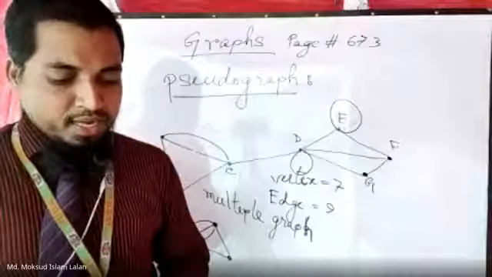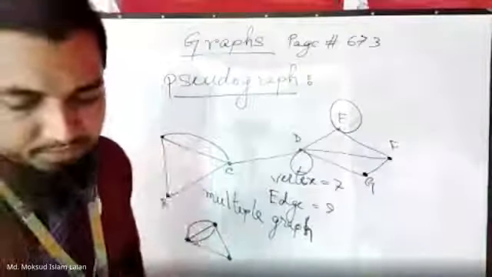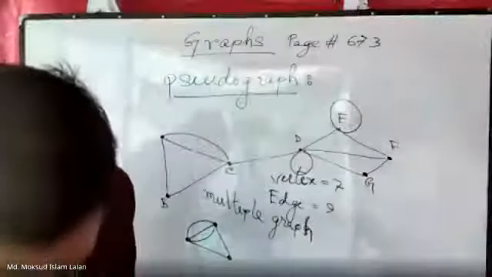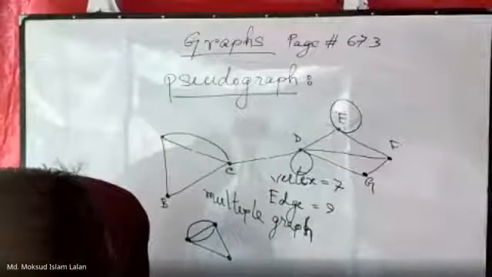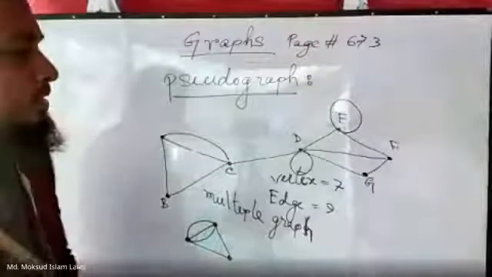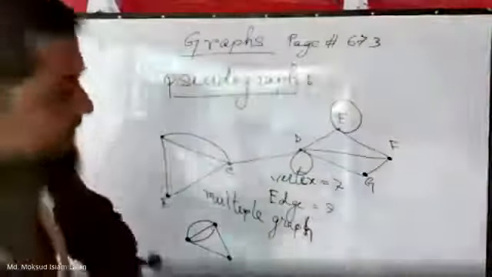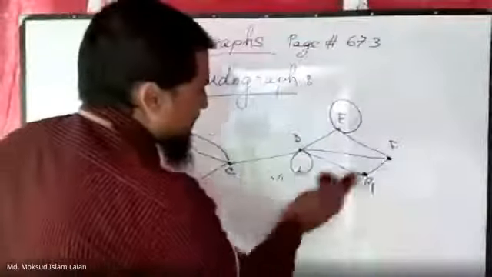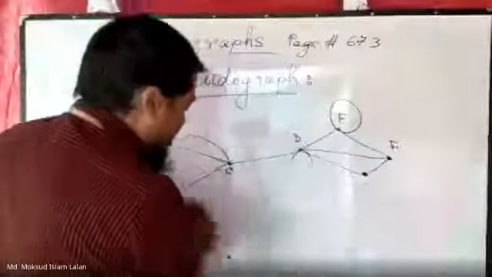Now coming to the directed and undirected graph. This is the last. What is a directed graph and an undirected graph?